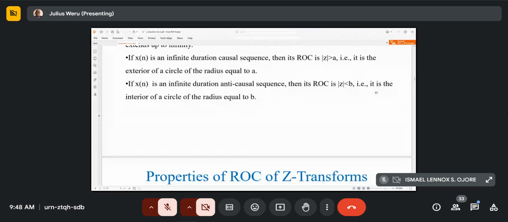That is, it will be the interior of the circle of radius b. Of course, the value of b will depend on the sequence, and the value of a in this case will also depend on the sequence.